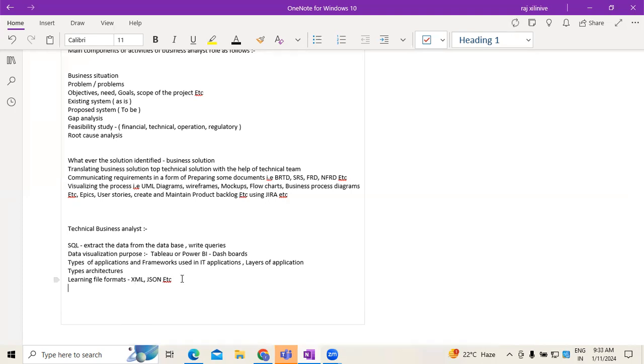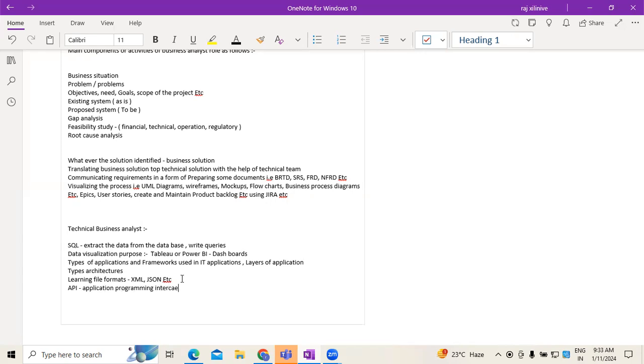Next, some organizations, because these are the points, whatever points I'm mentioning from now onwards, some organizations require you to have this knowledge, but not every organization may require it; it depends on the profile. So one is API, which stands for application programming interface.